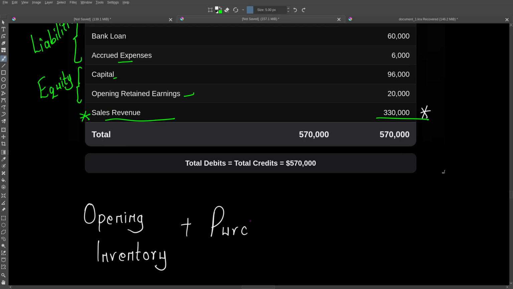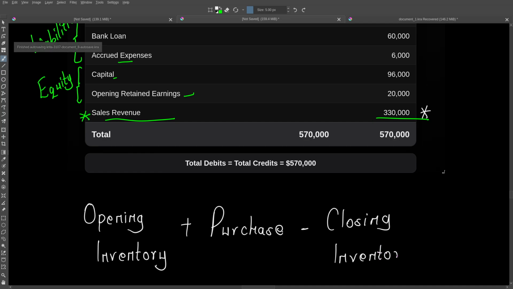So you add the purchases that have happened during the period, and then you less the closing inventory at the end of the period. This should give you the cost of sales.